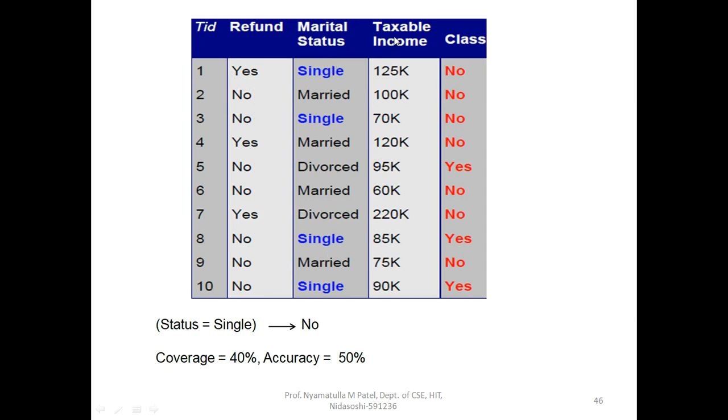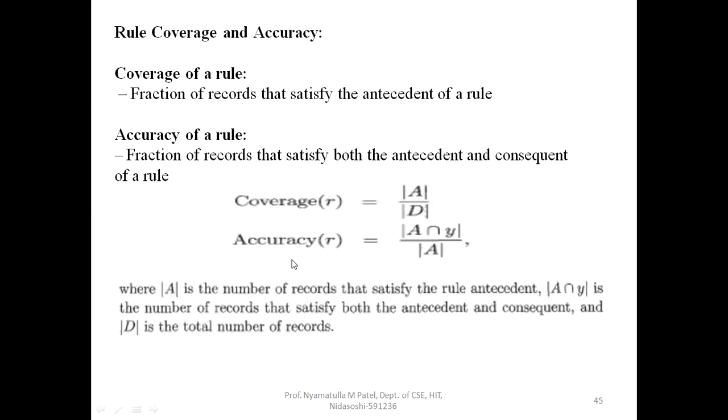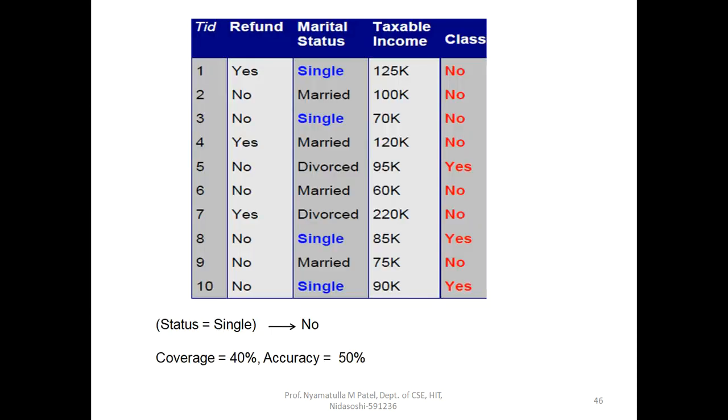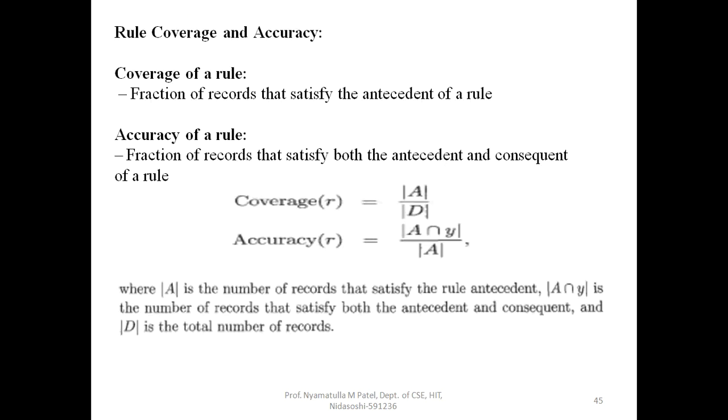Marital status is single, married and divorced, and taxable income class is yes, no and yes. The rule is status single is equal to no. What is the coverage of this using this formula? What is A? The total number of records that satisfy the antecedent of the rule. That is 4 divided by 10, so it becomes 40%.